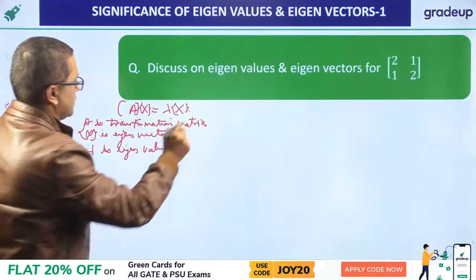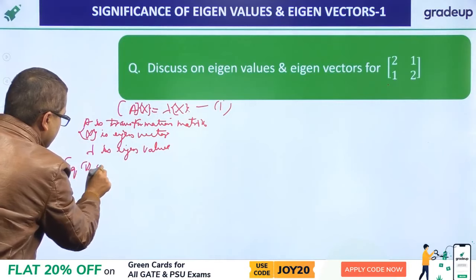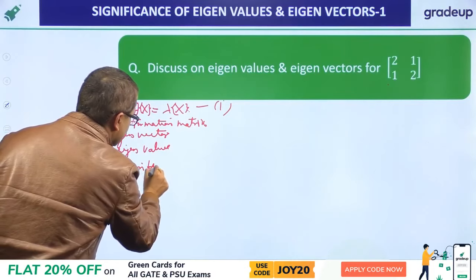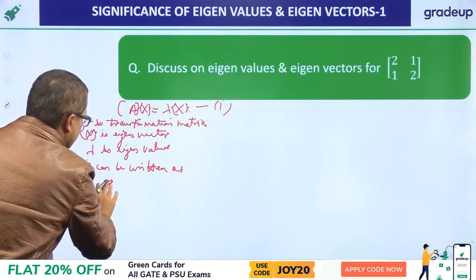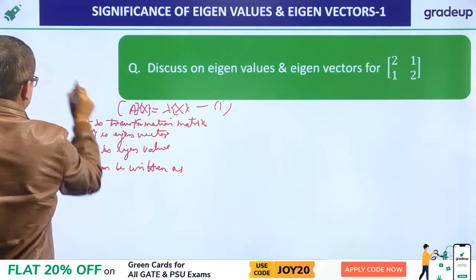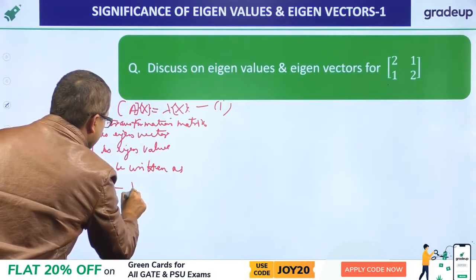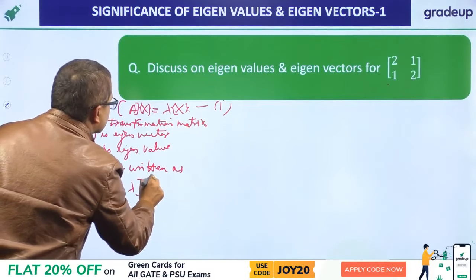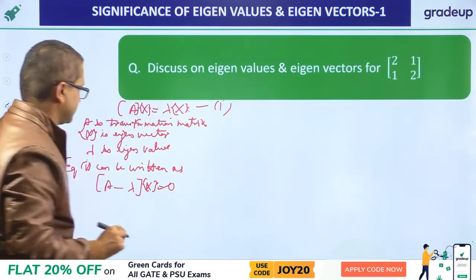Now let's say this is equation 1. Equation 1 can be written as A minus lambda into x equals 0.